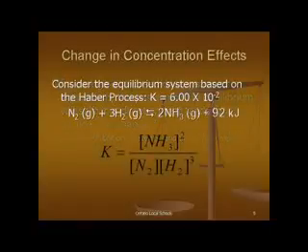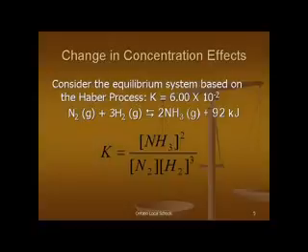Let's look at the effect based on a change in concentration. We're going to examine a very common equilibrium system that you'll study called the Haber process, and the value of K at this temperature is 6 times 10 to the negative second. Now, we're studying the addition of hydrogen to nitrogen to form ammonia, and you can see here we've written the equation as a thermochemical equation.